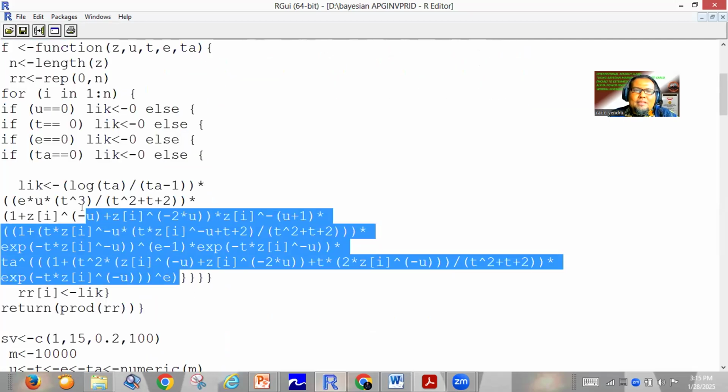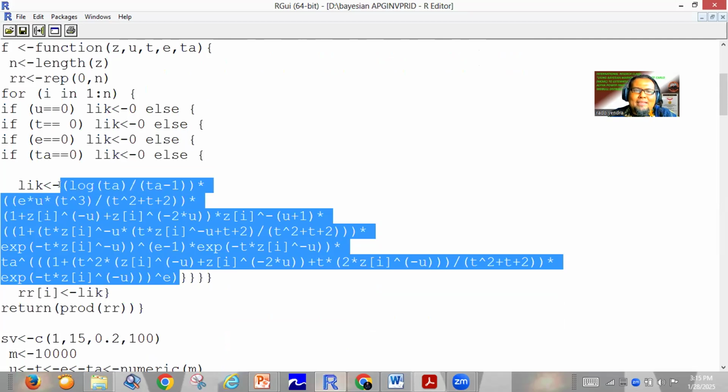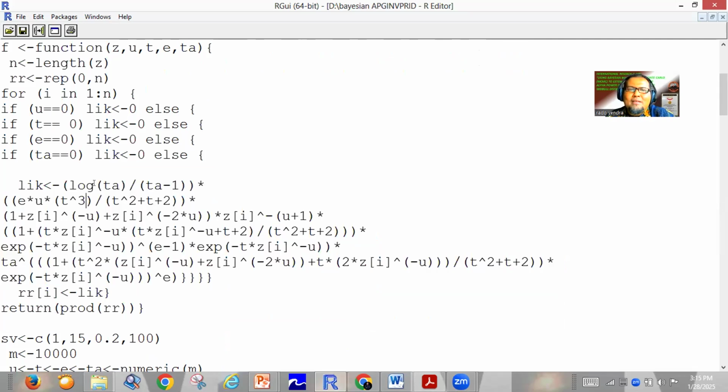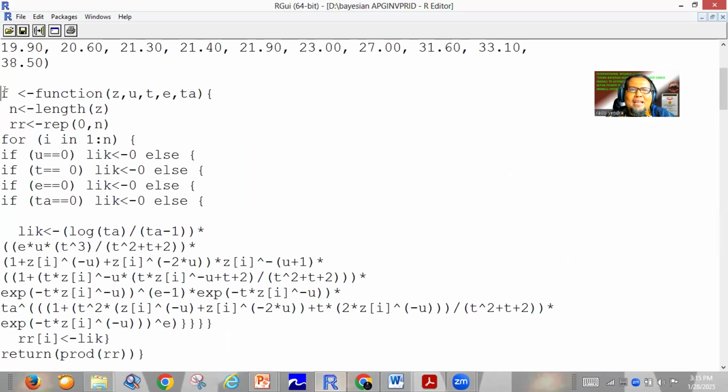This blue one is the density function of the alpha power generalized inverse power Rado Institute distribution with the 4 parameters: the first parameter, the second parameter, the third parameter, and the fourth parameter. So we run the likelihood function.